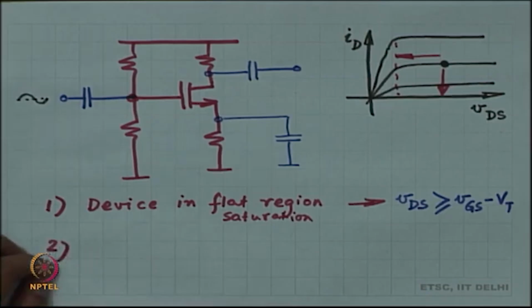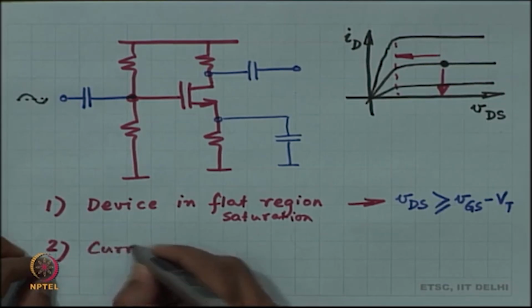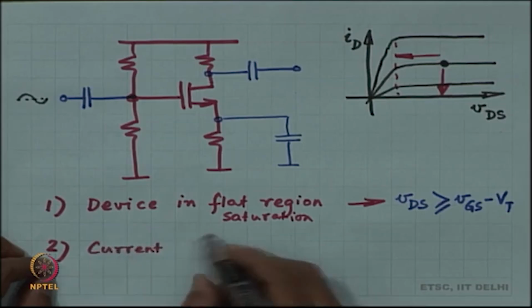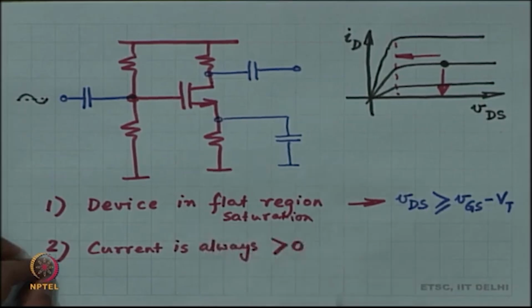And number 2, what else do you need to make sure? You need to make sure that current is always more than 0, and this has to happen throughout the cycle, right. These are the two extreme limits.